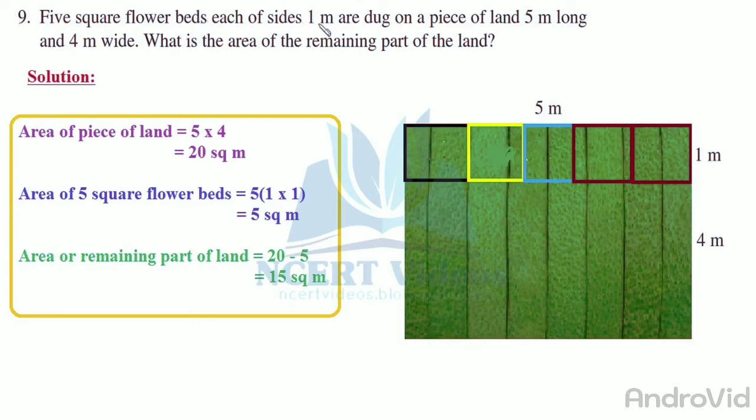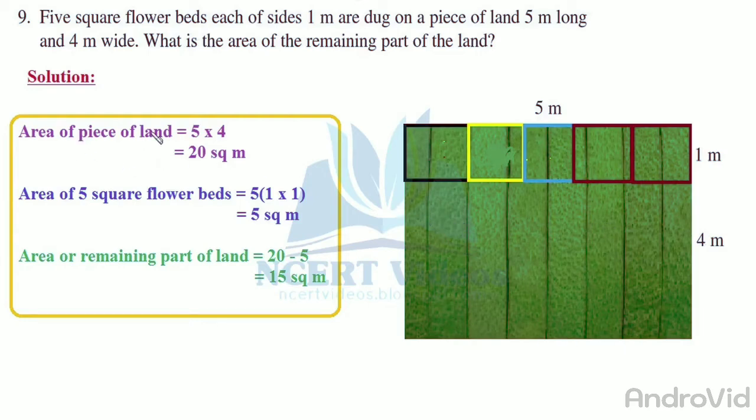So these are the 5 shown square beds. So each have dimension of 1 meter. So you have to find the area of this portion that is left out.